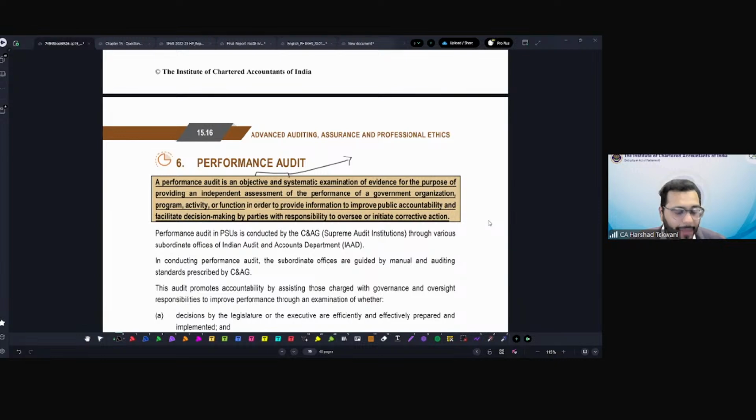So the examination was objective, there were objectives behind it, the 3 E's, and systematic, so there was a process and methodology that was followed.